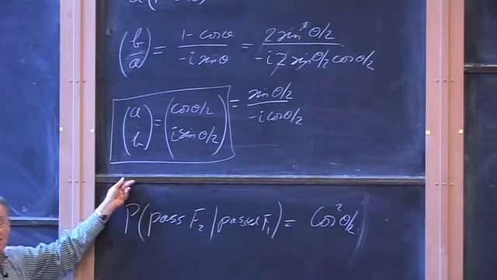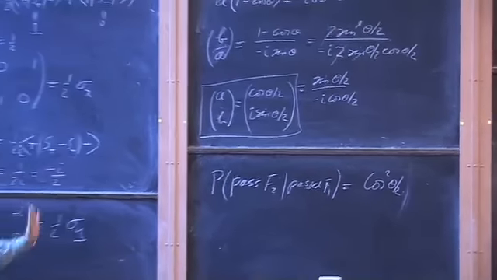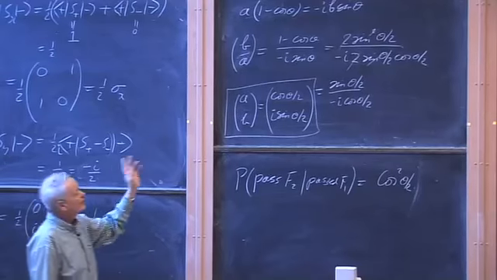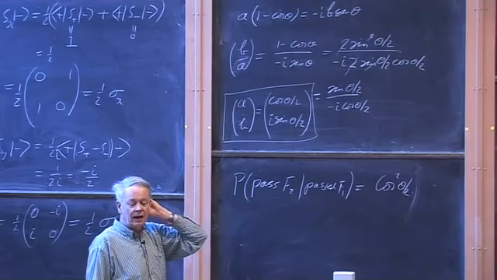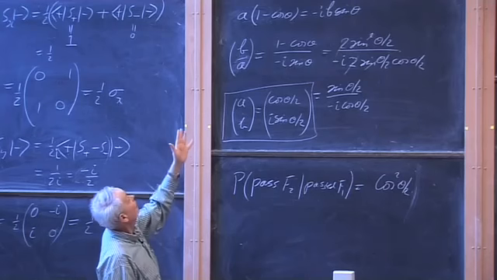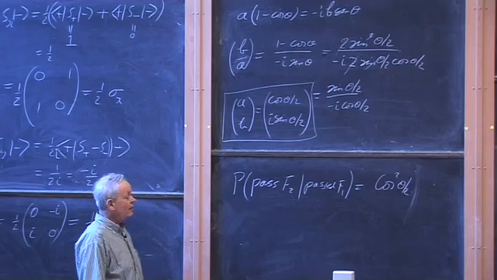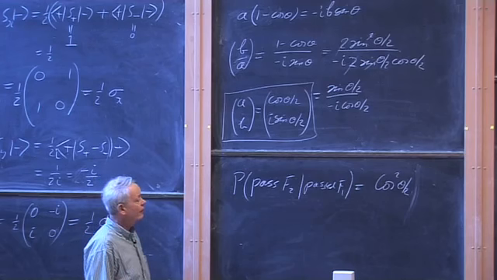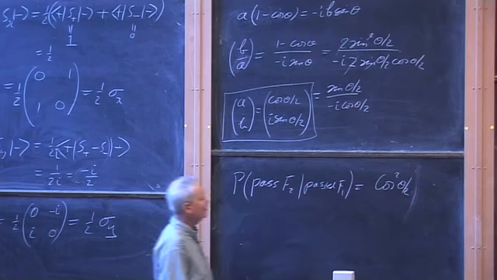Does that make sense? If theta is equal to nothing, then the second filter is also measuring the z component of angular momentum, and the output from the first filter is guaranteed to return plus a half for the z component of angular momentum. So this probability must be 1, and indeed cos squared of nothing is 1.